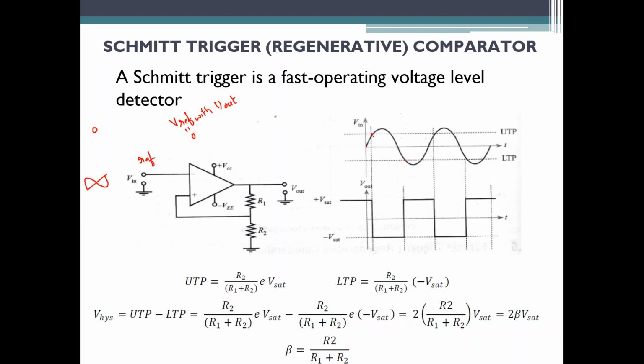Before that, it was plus V saturation, and it will remain at minus V saturation until the input voltage crosses the negative value. Once it crosses the negative value, your output will go to plus V saturation.